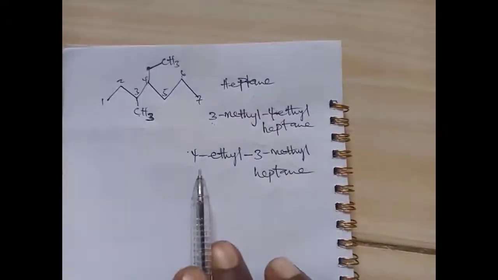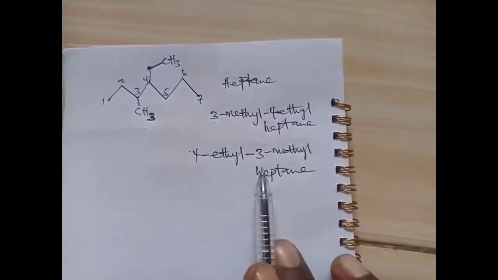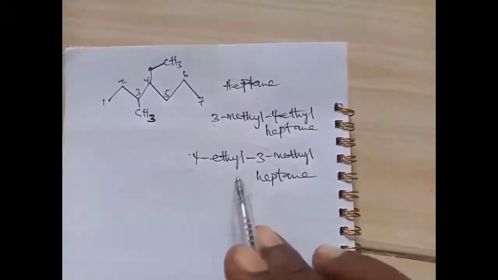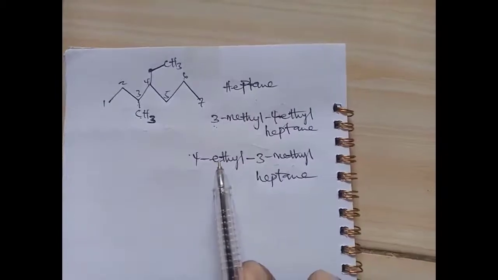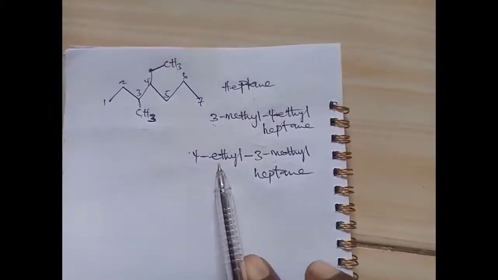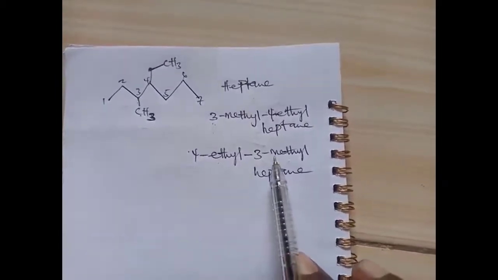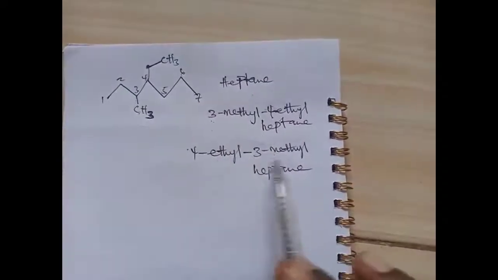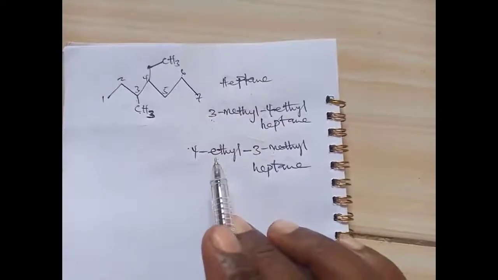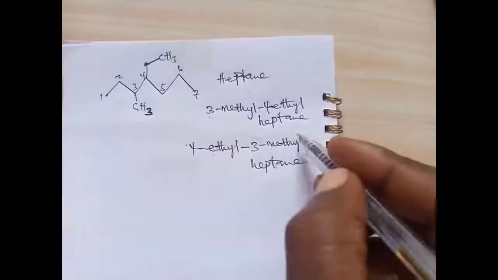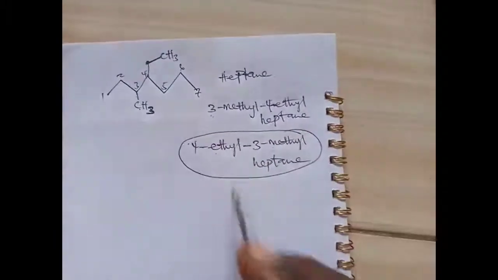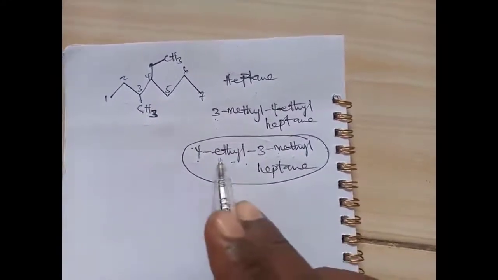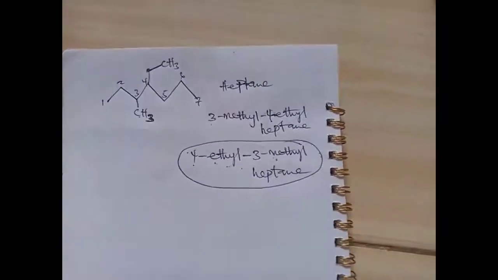In the second naming, they are in descending order, 4 before 3. Now, what we need to consider is that whenever we have alphabets, ethyl, E comes before M. So because of that, even though both are substituents, the E comes first. So we're going to pick the appropriate one to be 4-ethyl, 3-methyl heptane, because E comes before M.